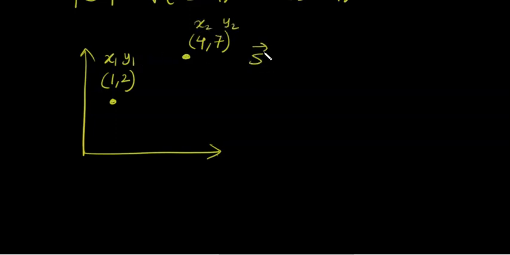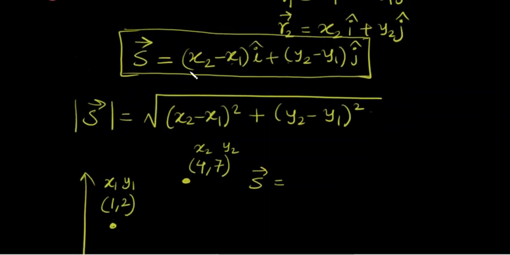Now we can see that s bar, that is the displacement vector, is (x2 minus x1) i cap plus (y2 minus y1) j cap.